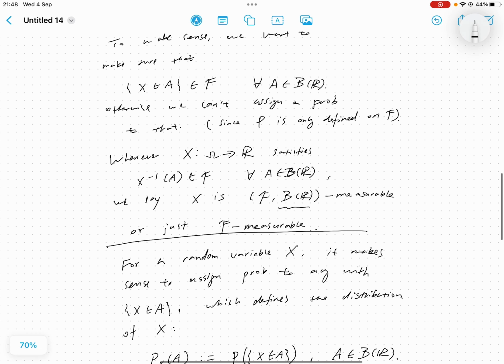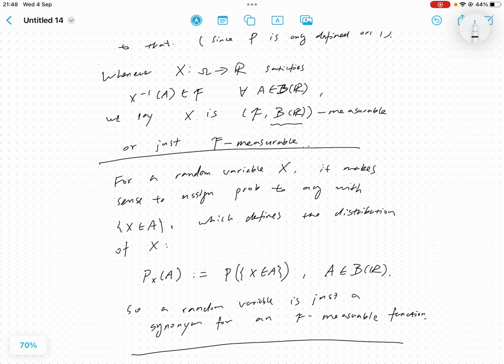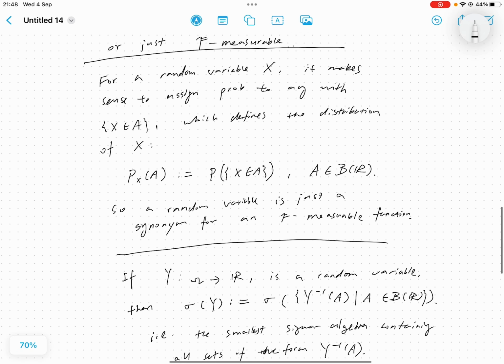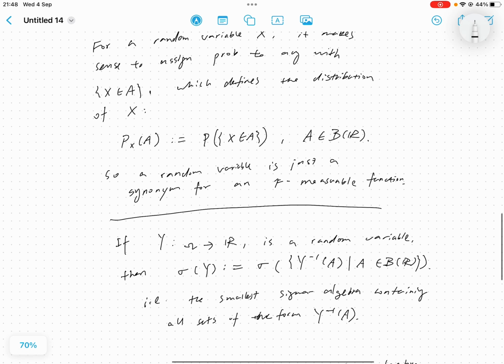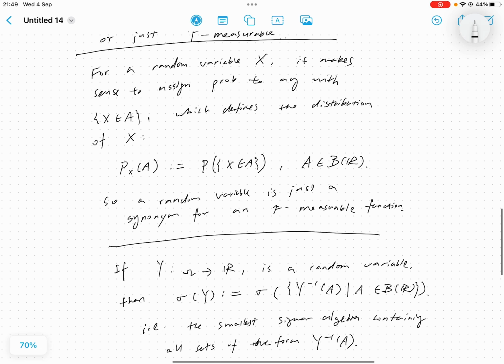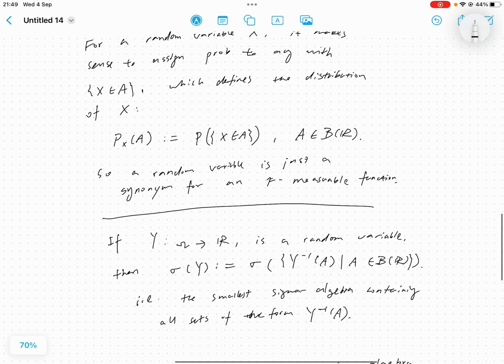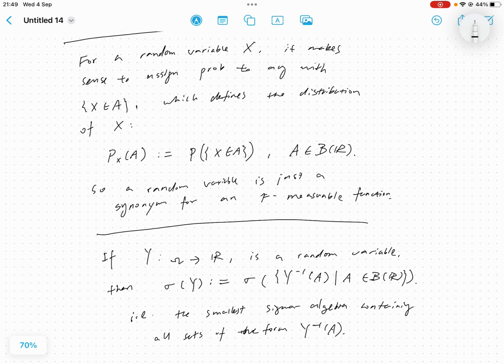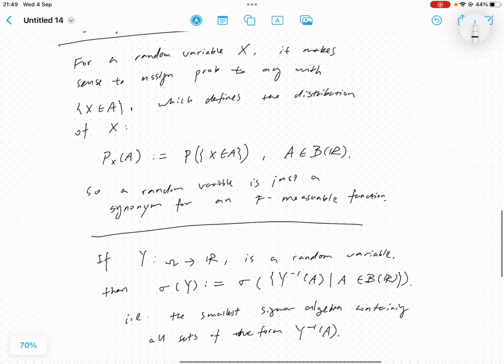So that's the first definition, and another pretty important part of this episode is that we also discussed the definition for sigma Y measurable, which gives us a more efficient, smallest sigma algebra containing all sets of this form, as we mentioned before.